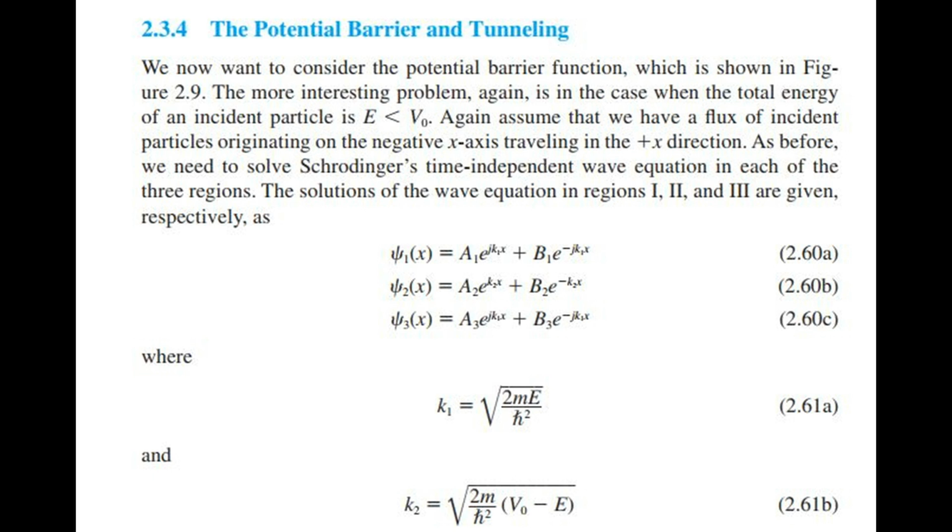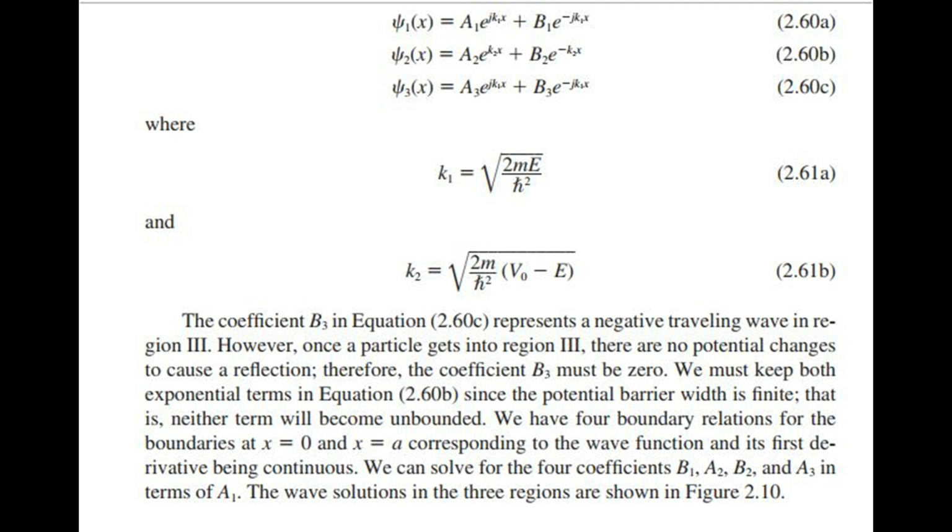As before, we need to solve Schrödinger's time-independent wave equation in each of the three regions. The solutions of the wave equation in regions I, II, and III are given, respectively, as where and the coefficient B3 in equation 2.60c represents a negative traveling wave in region 3.